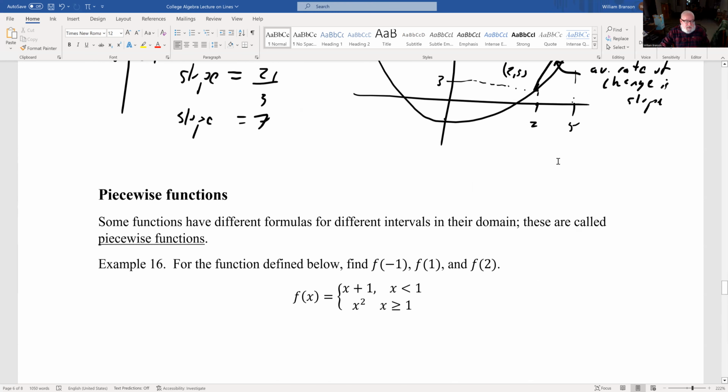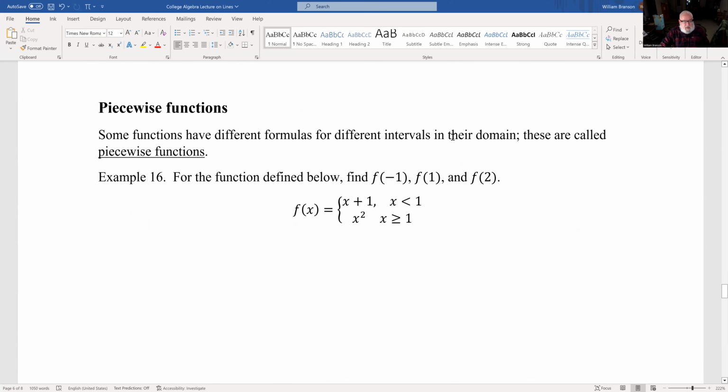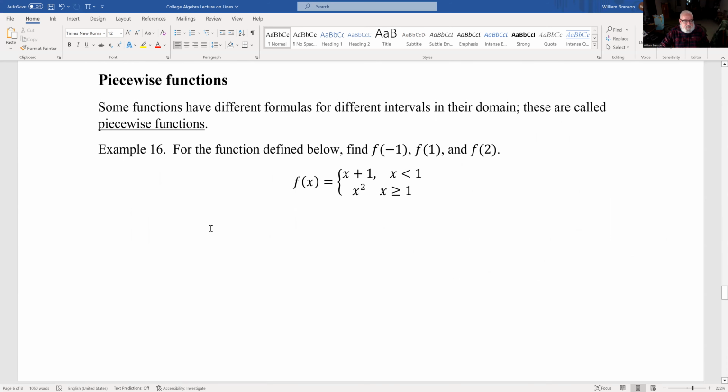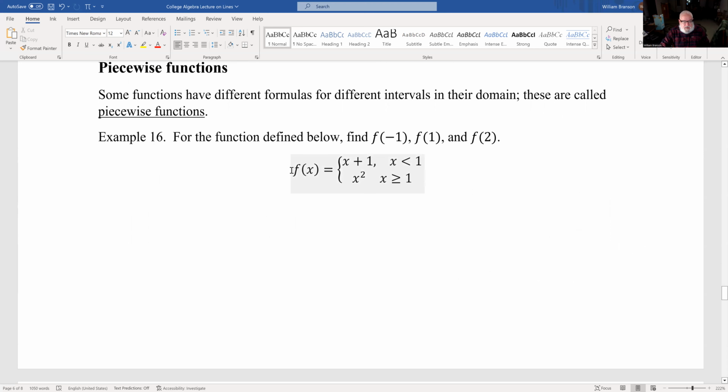Finally, piecewise functions. Some functions have different formulas for different intervals in the domain, and these are called piecewise functions. So here's a piecewise function, right? It says if x is less than 1, use this formula. If x is bigger than or equal to 1, use this formula.